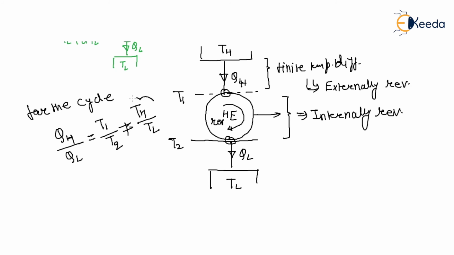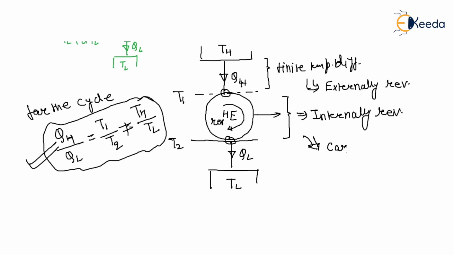Understand my point? Why? Because this is used only for a reversible cycle, but it is not reversible. So this is also a Carnot cycle, but this is an internally reversible Carnot cycle.